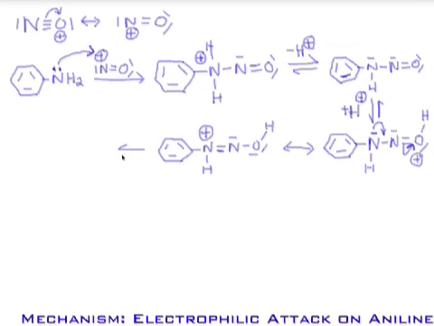This can set up a deprotonation. Setting up that deprotonation as follows. There we go. And this lone pair and this nitrogen. Now we can reprotonate.